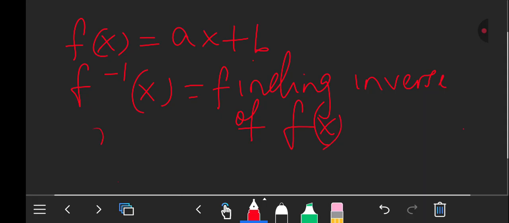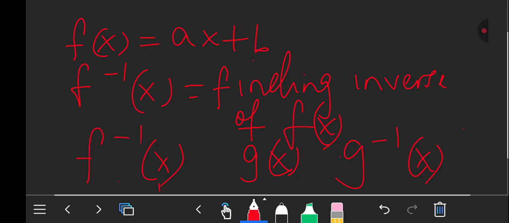So the inverse of f of x is denoted by f to the power negative 1 of x. If I had a function g of x, then the inverse would be g to the power negative 1 of x. So that is g inverse of x.